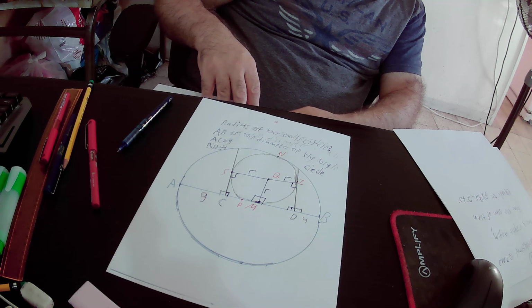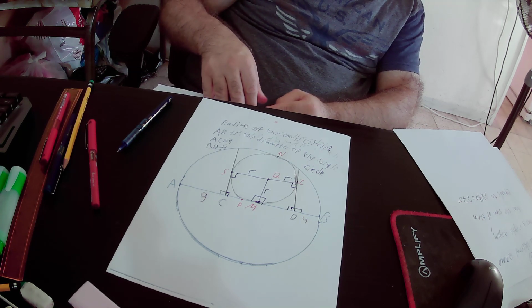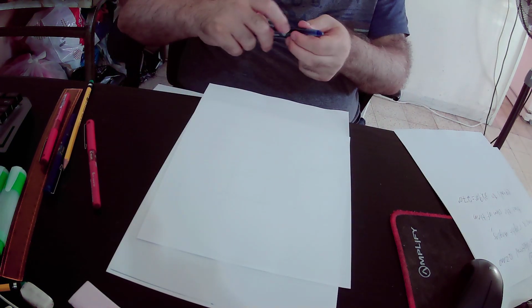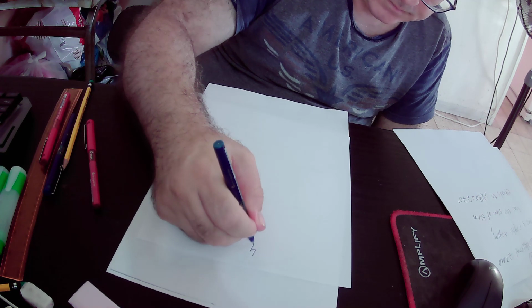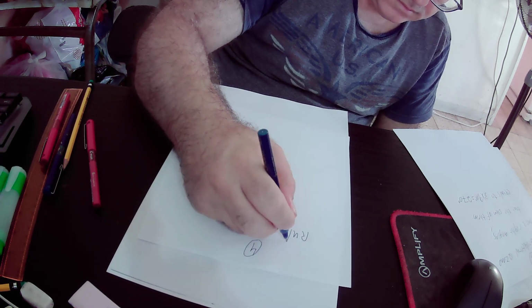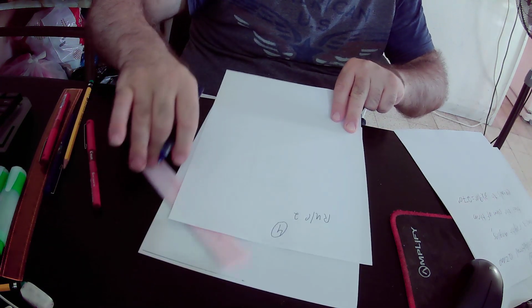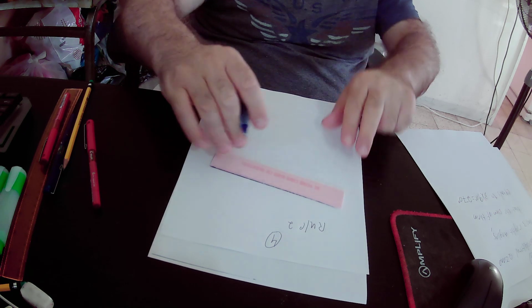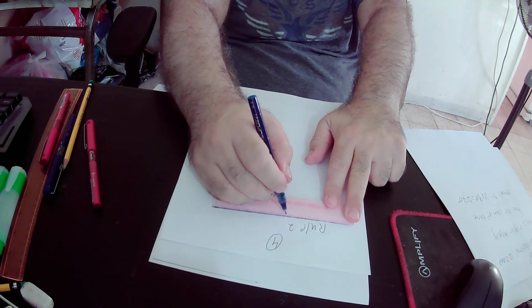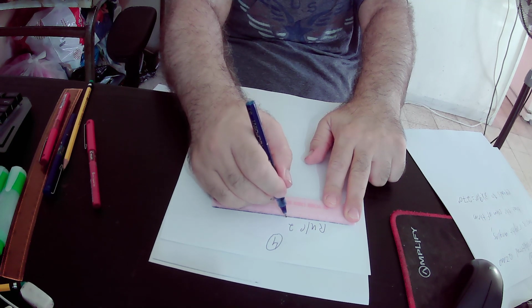and we have rule number 2, that states that the sum of the angles in a quadrilateral equals 360 degrees.